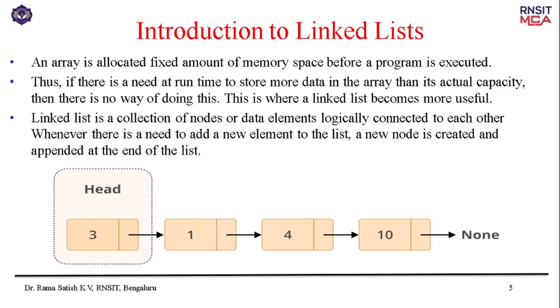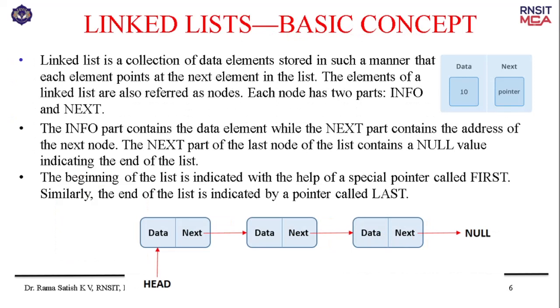A linked list has a data part and a next pointer, which holds the address of the next node. The beginning node is pointed to by a special pointer called first, also called the header.